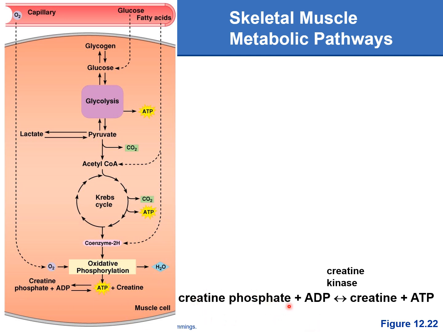The molecule creatine phosphate has a phosphate group on it, and an enzyme is going to come along and take the phosphate group off the creatine phosphate and stick it onto ADP to make ATP. So this will supply ATP for about the first 15 seconds of contraction.